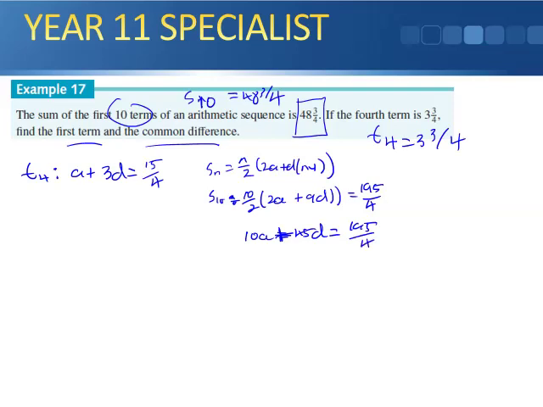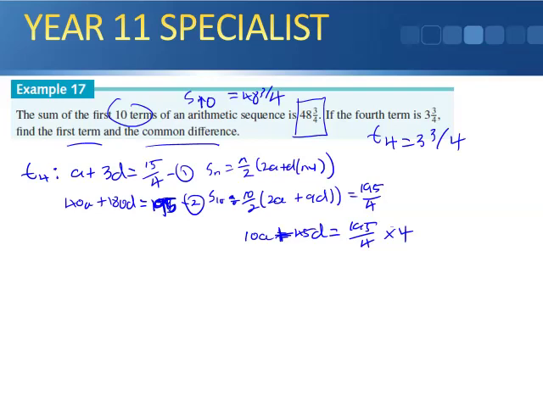So I have two equations, right? And I'll times this one by 4, and I'll write it over here, so I get 40a plus 180d will equal 195. So equation number 1, equation number 2, and I'll do elimination.